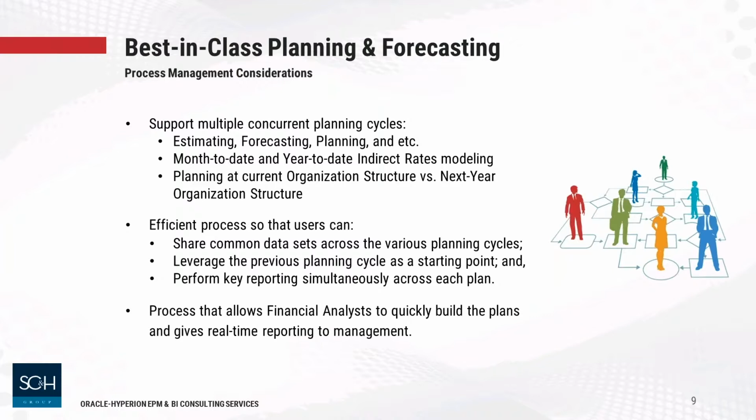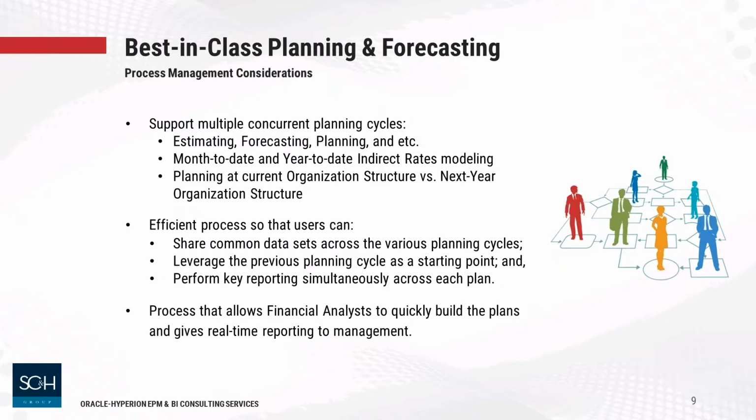So the need comes from having a process that not only supports each iteration of each of these planning cycles, but supports it concurrently. You also need processes that allow users at different points in the organization to interact with the process.